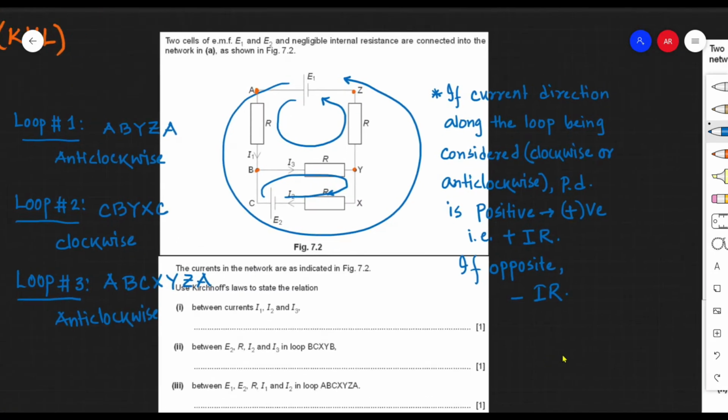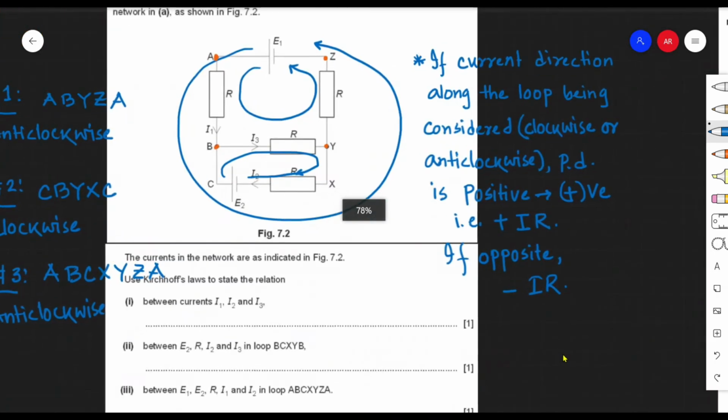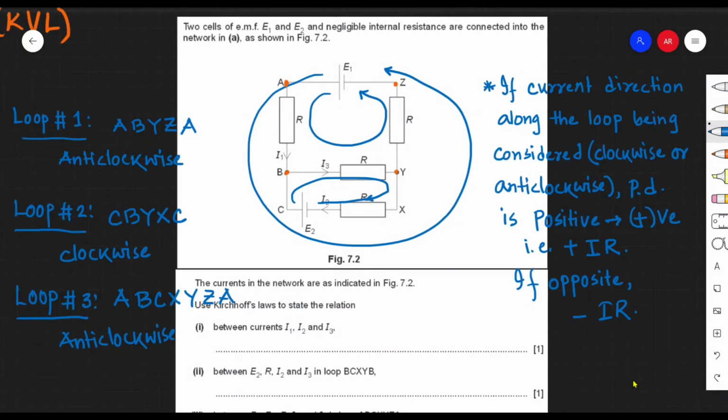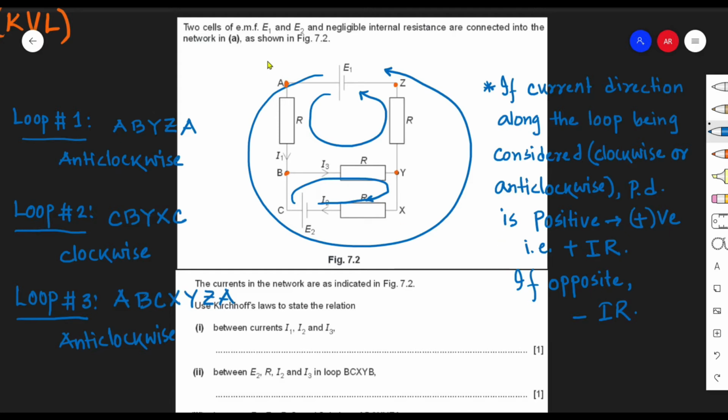Now let's look at this particular question. We try to solve it applying Kirchhoff's first law and second law, current loop and voltage loop. As you see, this circuit also has multiple batteries, one is E1, another is E2.